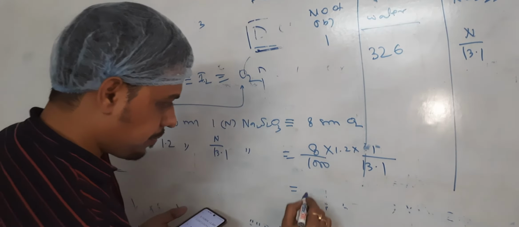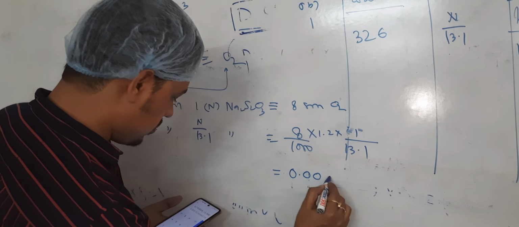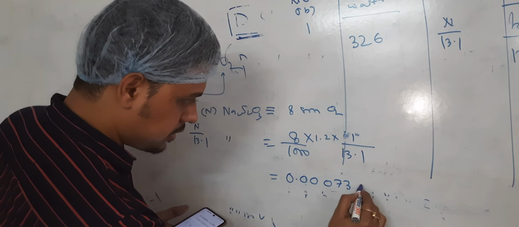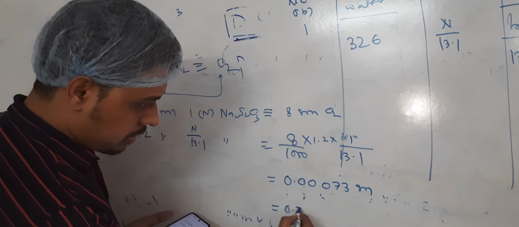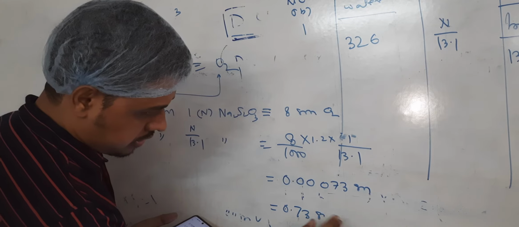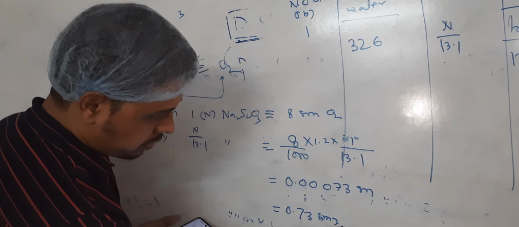It is actually 0.00073 gram. Let us convert into milligram. It will be 0.073 mg. Okay.